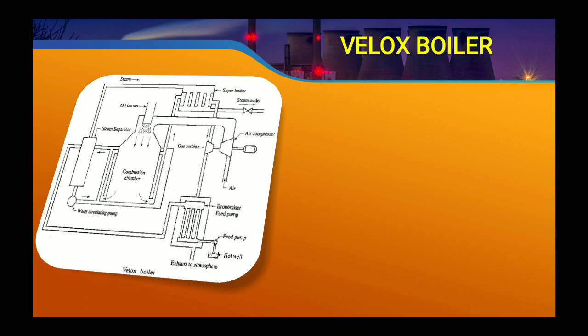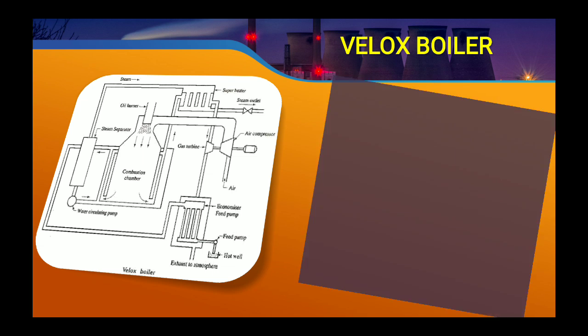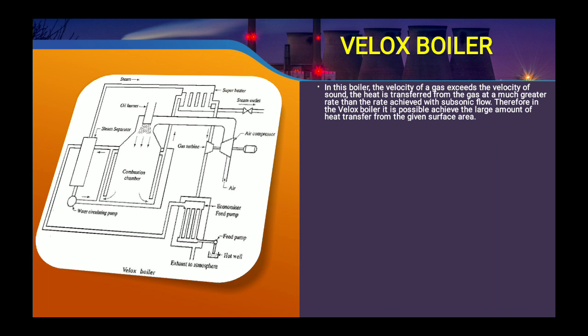Now the next one is the Velox boiler. Here you can see the image of the Velox boiler. In this boiler, the velocity of the gas exceeds the velocity of sound. The heat is transferred from the gas at a much greater rate than the rate achieved with subsonic flow.